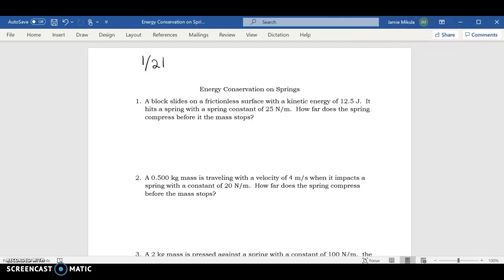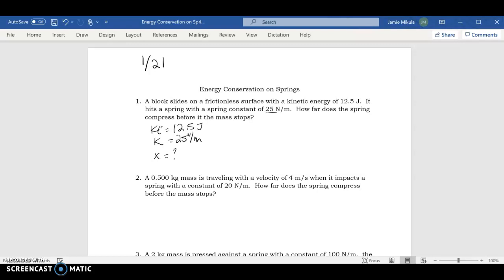Number one says a block slides on a frictionless surface with kinetic energy of 12.5 joules, hits a spring with a spring constant of 25 newtons per meter. How far does the spring compress before the mass stops? Okay, so you have kinetic energy is 12.5, you have k, which is 25 newtons per meter, and you want to know x.